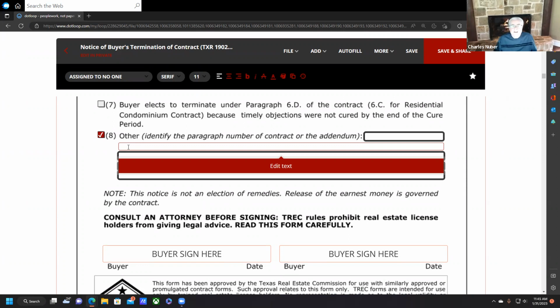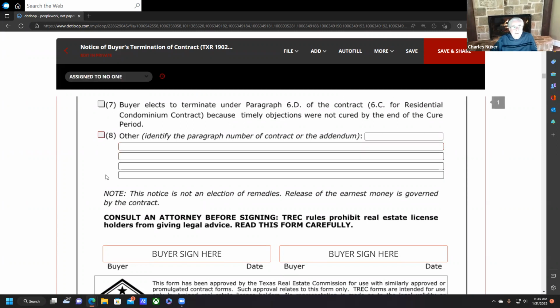Okay, let's look at that line. So let's say in the contract, and I'm not going to go to the contract because we don't have time. It's already 11:45. Let's say in the contract that the seller is supposed to deliver a survey within 6 days along with a T47, and the seller fails to do that. There is a remedy in that line that states that the buyer will buy a survey at the seller's expense, right?